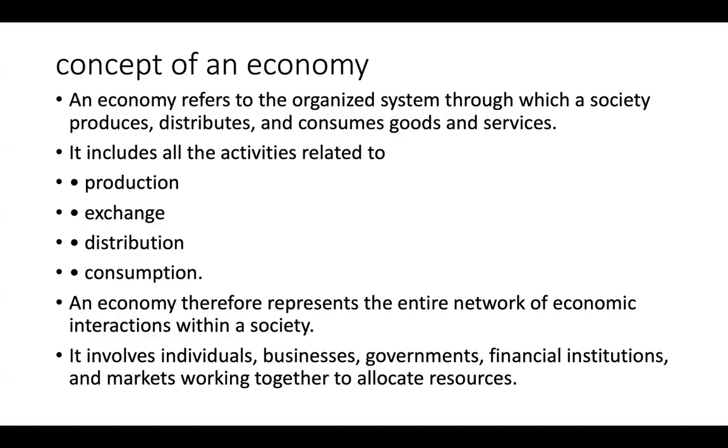Producers supply goods to the market. Consumers purchase those goods. The government regulates activities and provides services, while the financial institutions help move these resources between savings and investment. Together, these interactions form the structure we call an economy. Are you with me? Yes, sir. So can we go on?